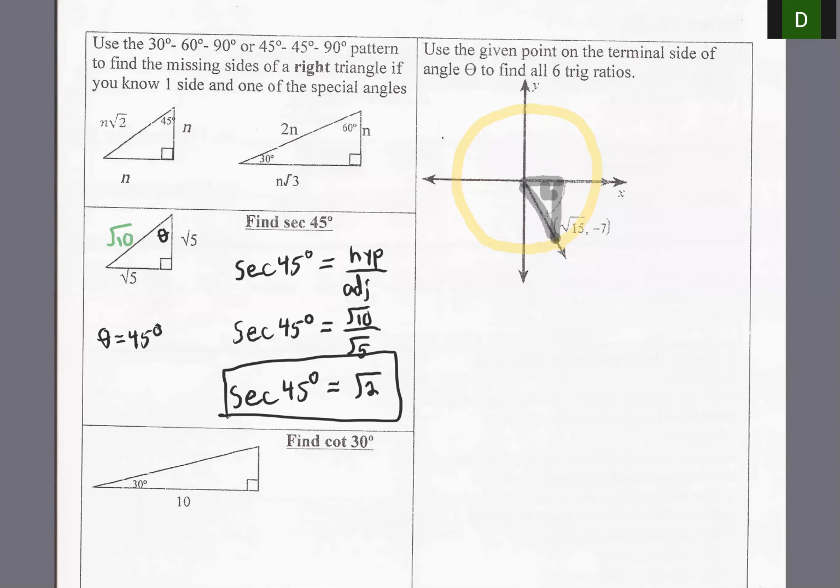For this right triangle, to get from the origin to this point, you go square root of 15 to the right along the x-axis and down 7. So let's put a negative 7 here. We talked about this from the previous lesson.